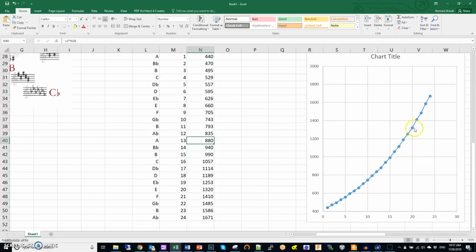If you look at it, it somehow looks like an exponential. It does look like an exponential, and you would think maybe we could fit an exponential to this, and it might generate a much simpler equation. So that's what I'm going to show you.